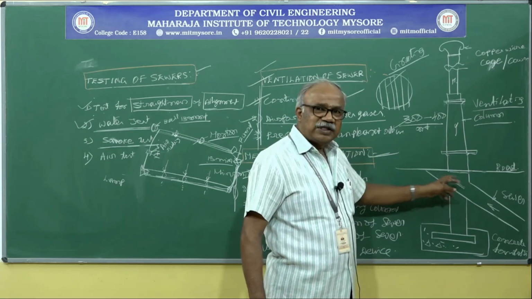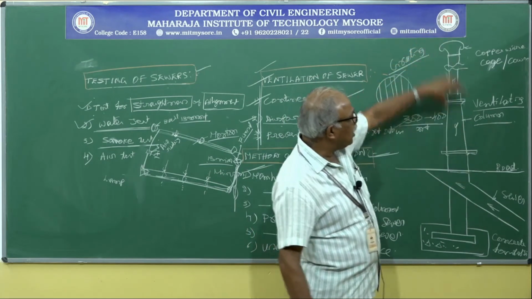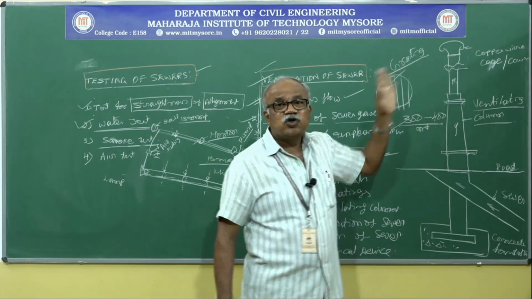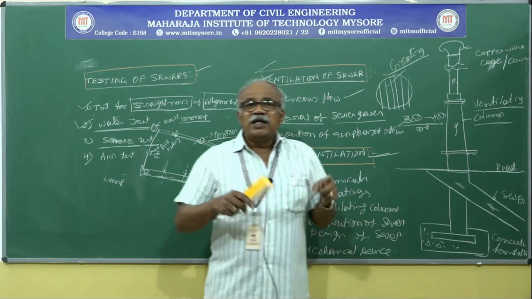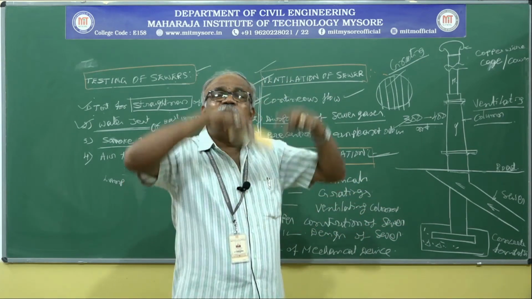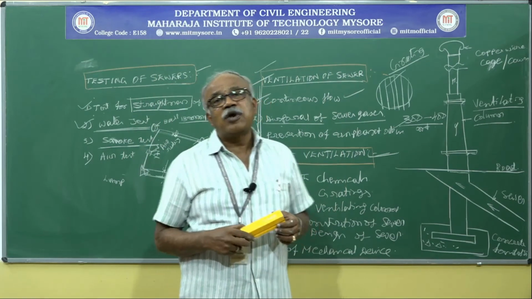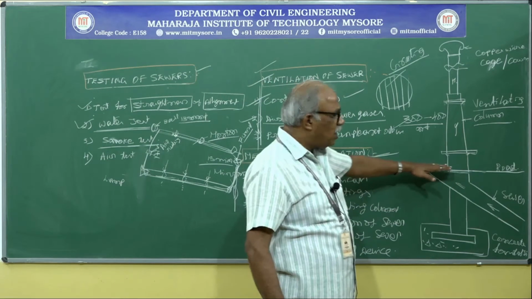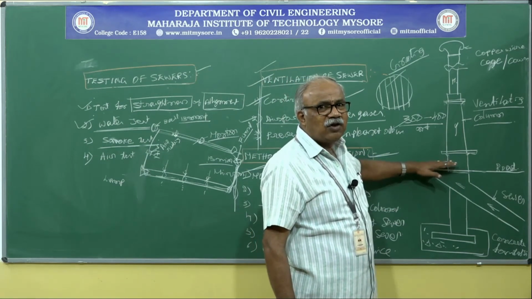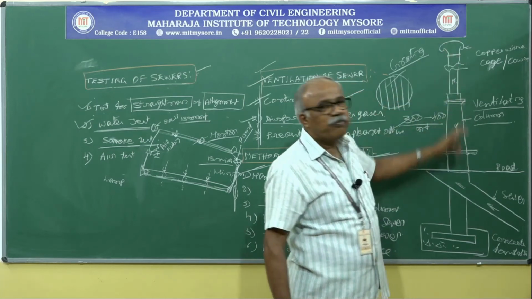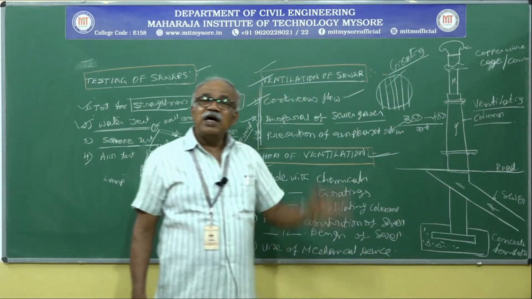Along this sewer line, a straight vertical column is constructed up to a certain distance. Whatever gases come out of that sewer should be safely disposed to the atmosphere. That's why, according to the terrain and location, we construct a column. We can decide the height of the column.